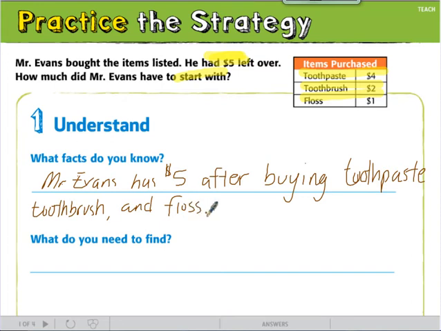That's what we know. Put a comma there. Right?